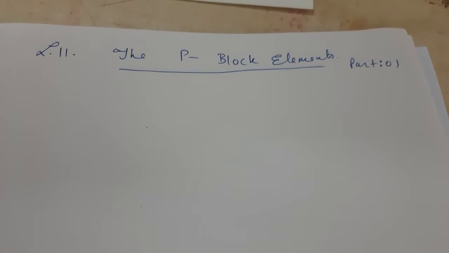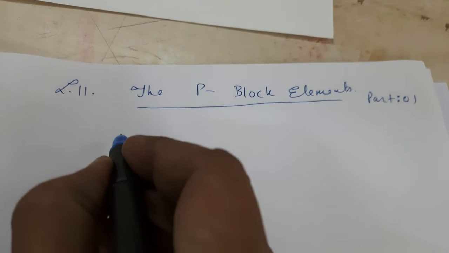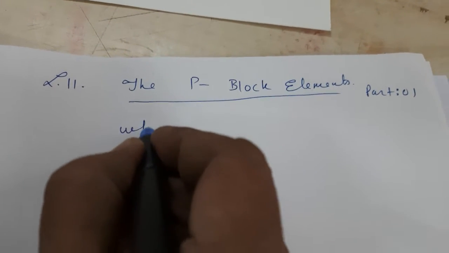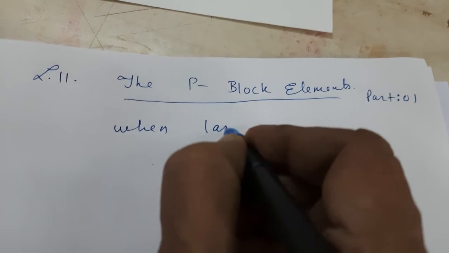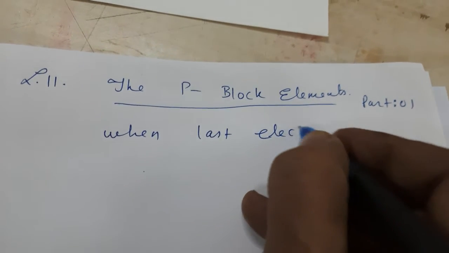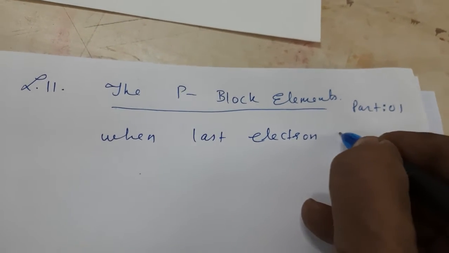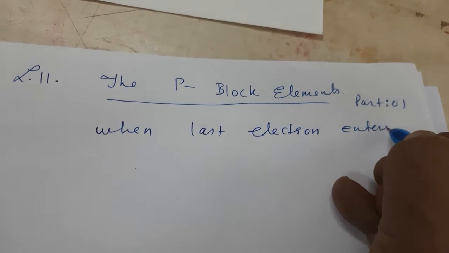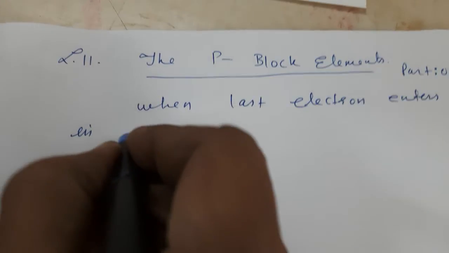P block elements part 1. So what are P block elements, beta? When the last electron enters in the p orbital.